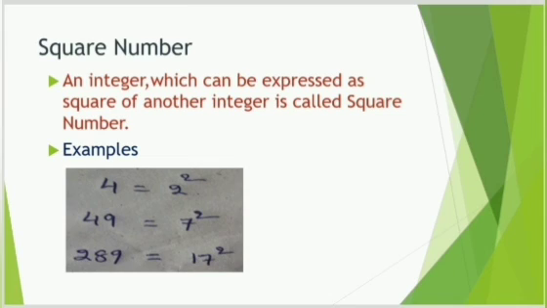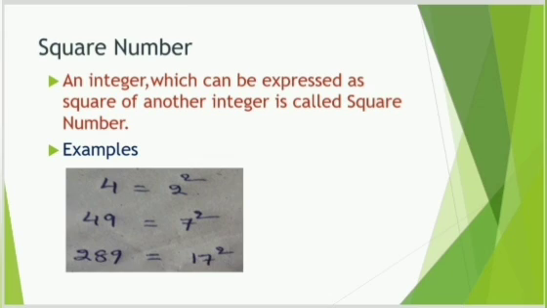So let's see some examples of square numbers. I take 4. This can be written as 2 square. Therefore 4 is a square number. And 4 is also perfect square. Okay, next example is 49.